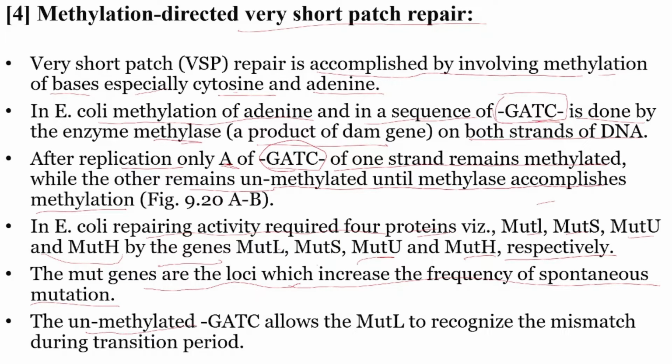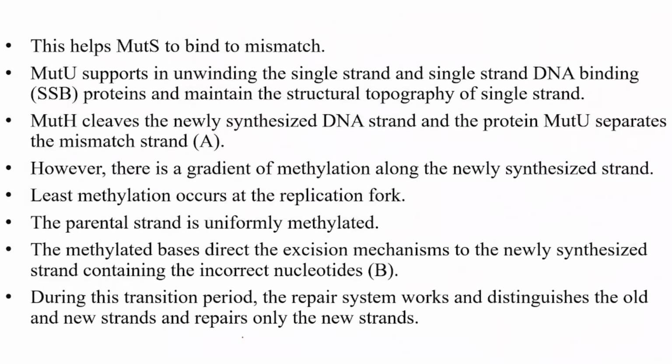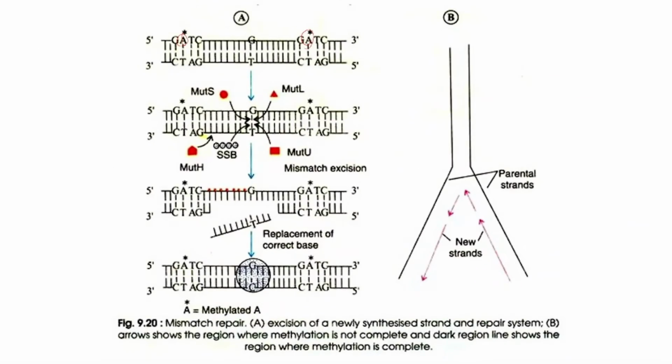The unmethylated GATC allows Mut L to recognize the mismatch during the transition period. We can see in the figure, Mut L recognizes the site. See here, the bond is formed between G and T. This should be repaired.